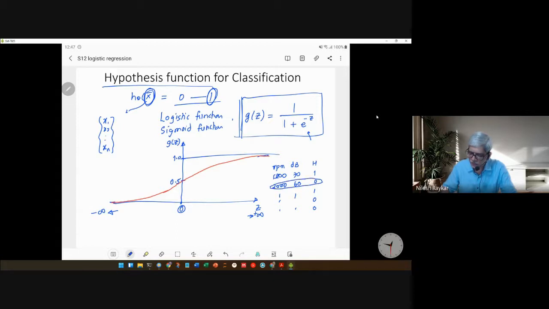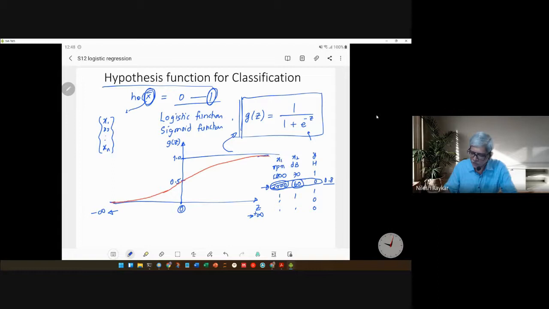So this is your x1, first feature, this is your x2, second feature, and this is your label, which is y. If you supply RPM as 2000 and decibel as 60 to this function, let's say it returns the value 0.8. So 0.8 is the probability that this sample has the value 1. So there is an 80% probability that this sample belongs to class 1.